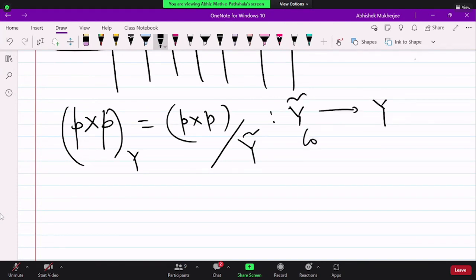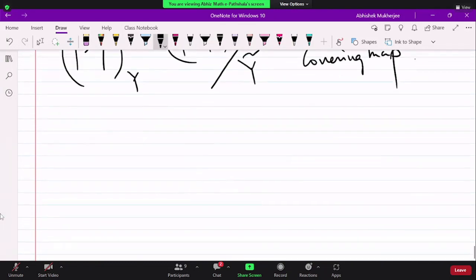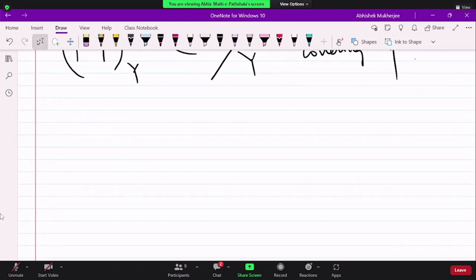And this is a covering map by using a known result, right? And therefore, this says that that infinite grid of lines in the plane will be a covering space of the figure 8 space.